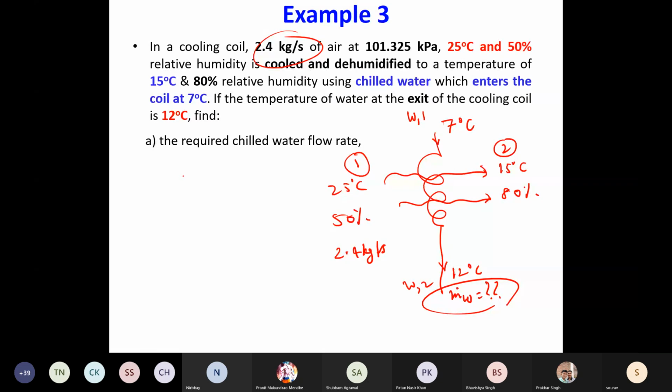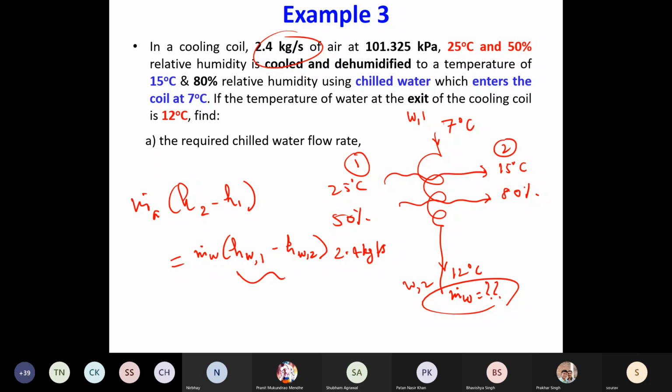So what do we do? Apply energy balance, as simple as that. So m dot air times whatever is the enthalpy change on the air side, that has to be balanced by the water side. m dot water times h of water 1... You will get the requisite value.